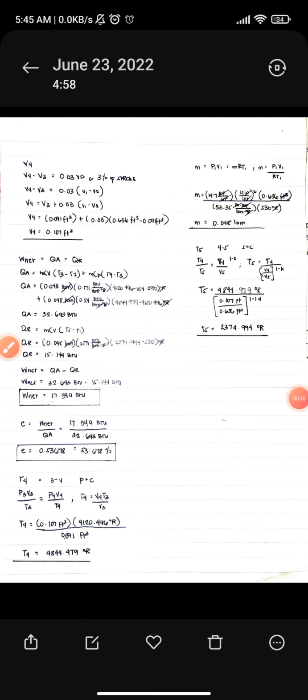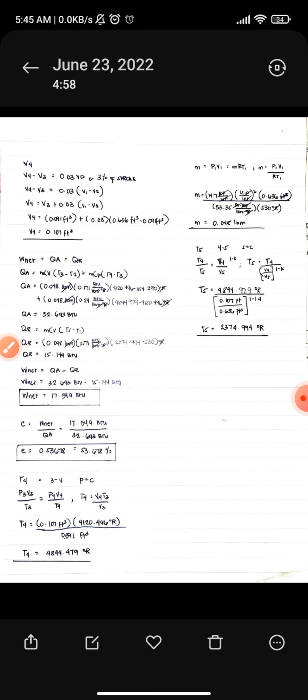So for the V4 naman, V4 minus V3 equals 0.03 VD or yung 3% of stroke. So V4 minus V3 equals 0.03 times VD natin na V1 minus V2. So V4 equals V3 plus 0.03 times V1 minus V2.